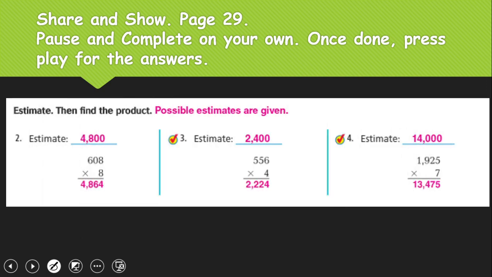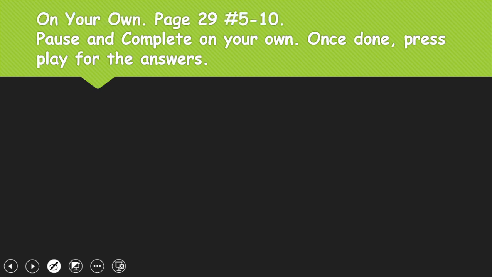There are your answers. You can pause it so that way you can look at your answers, and move on to the next slide. Go ahead and complete same thing, page 29, numbers 5 through 10. Go ahead and pause this now and press play when you're ready.